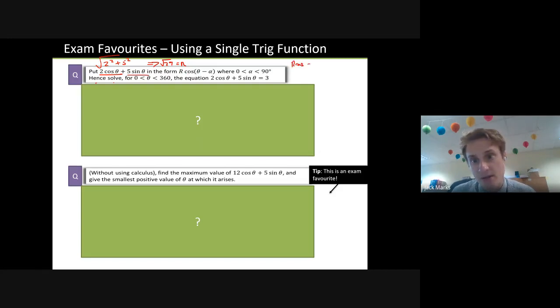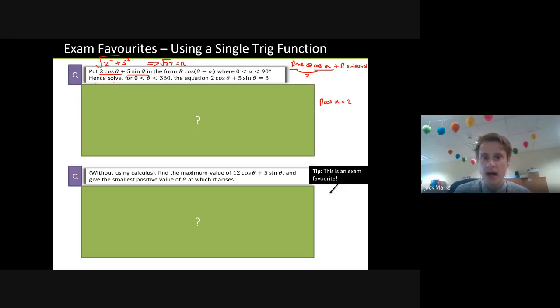So r cos theta cos alpha plus, so I'm expanding this part and multiplying out the r as well at the same time, r sine theta sine alpha. So what goes with this cos theta of the original? 2. So that's 2. R cos alpha equals 2.